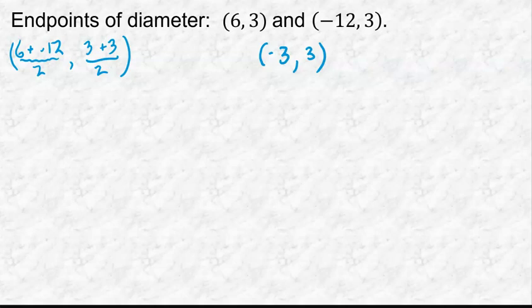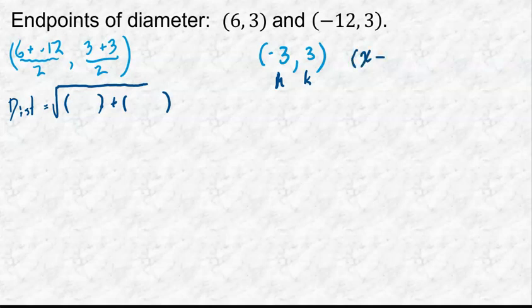Now I need to find the radius. All I need to do is pick one of the 2 points on the endpoint of the diameter. So this is H and K here. I can take those now and insert them into the standard form of the circle, which I've done right here. Okay.